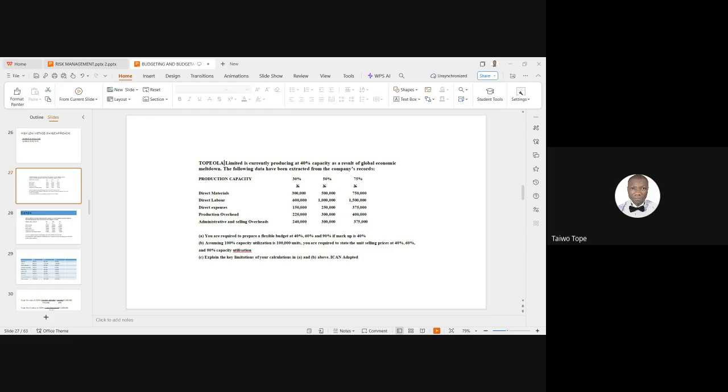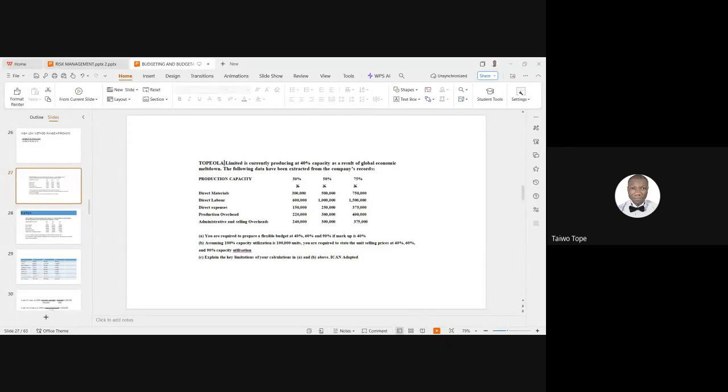So if you look at that word, production overhead, it is not specific to either variable or fixed overhead. The administrative and selling overhead, likewise, they are not specific. They just use a collective term for it. That is production overhead. It is now left to you to know, in this overhead, is there variable? Is there fixed? In admin and selling overhead, it is now left to you as a student to bring up an approach.